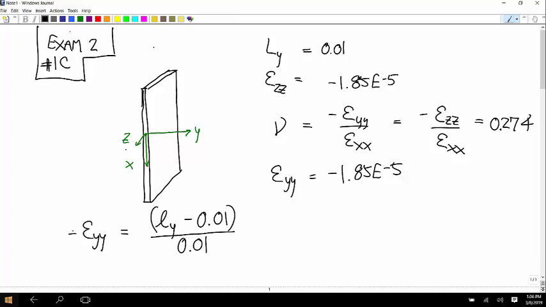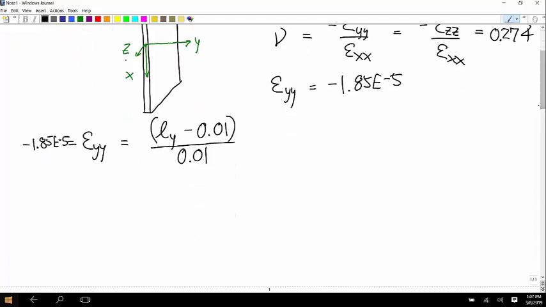And this is equal to negative 1.85 times 10 to the minus 5. And so then that says that negative 1.85 times 10 to the minus 7, if I multiply both sides by 0.01, is equal to Ly minus 0.01.